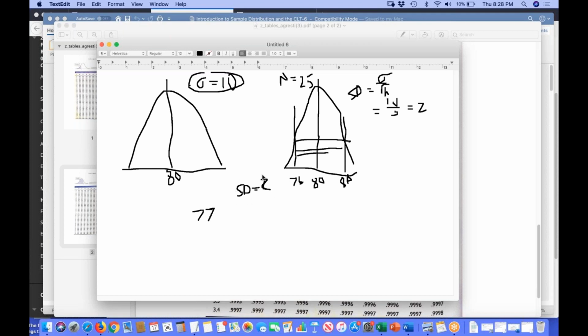So instead, I'm going to say that the true mean, I think, is within 2 standard deviations of the number I got on my one sample. That doesn't seem that outrageous, right? Because that's the way this behaves. 95% of my samples are going to be within 2. So maybe this one's within 2.